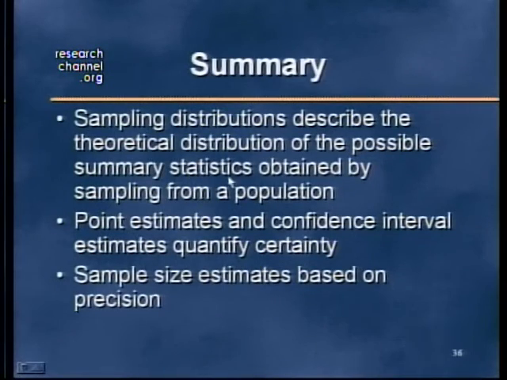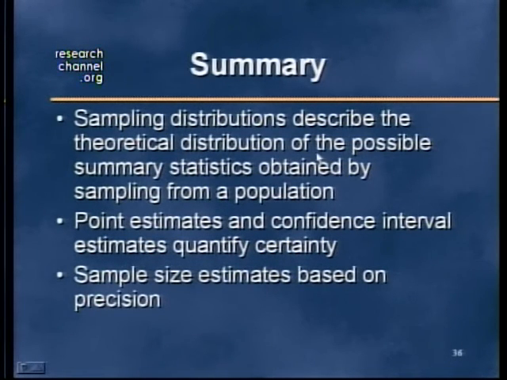So the common summary statistics that can be described by sampling distributions are the sample mean, the sample proportion from two populations, sampling from two populations with two samples, the difference between sample means, or the difference between sample proportions.